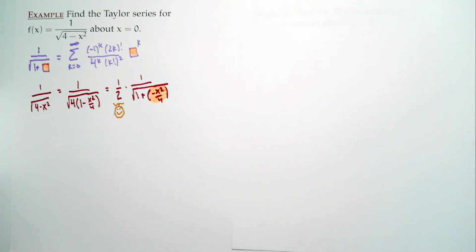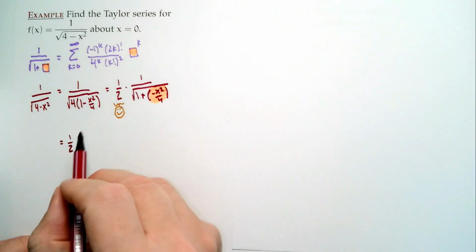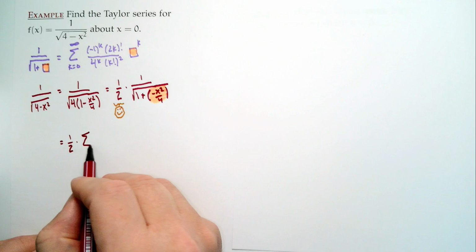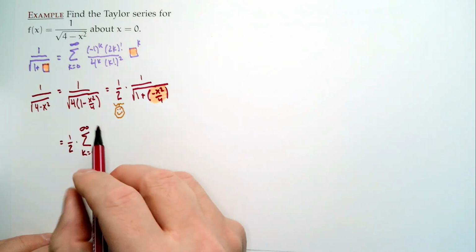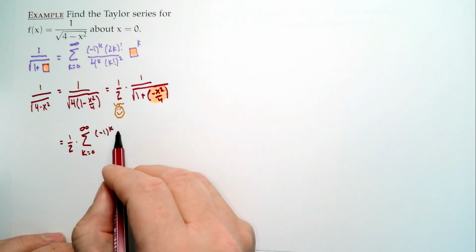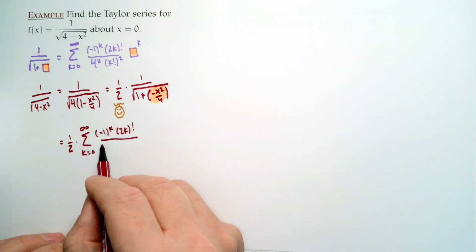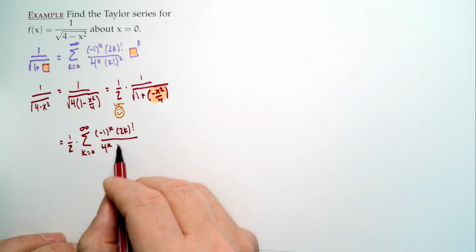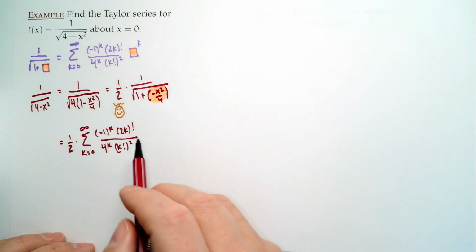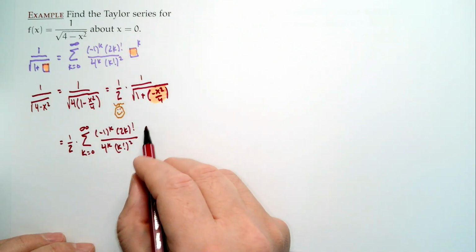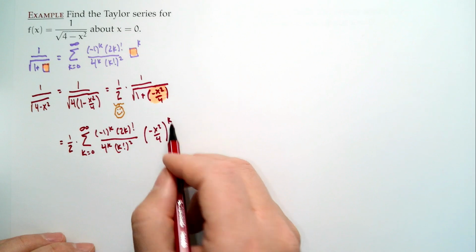So what we get is that this is 1/2, because that 1/2 is always there. Then the summation, k equals 0 to infinity of minus 1 to the k, 2k factorial, divided by 4 to the k times k factorial squared, just copying what's in front here, times the something, which is minus x squared over 4, to the k power.